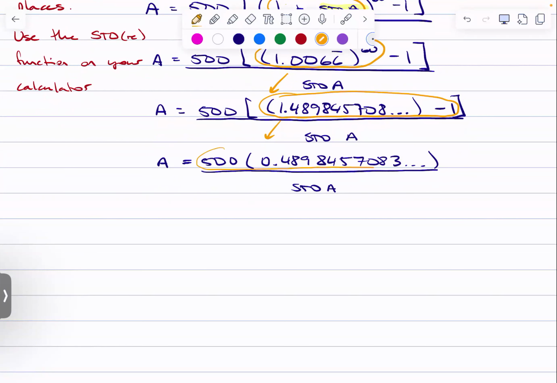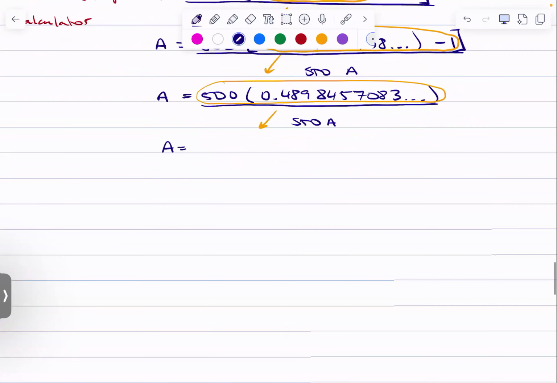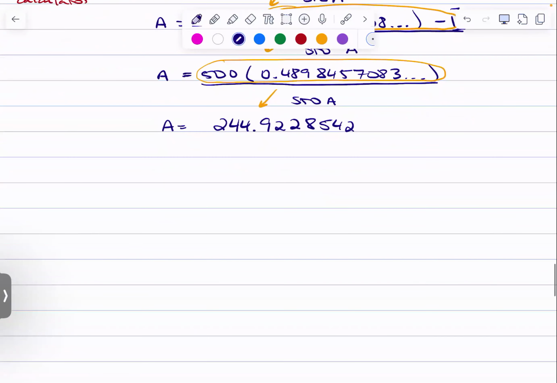Now, times that by 500. Whoops. Times 500. Get 244.9228542 divided by whatever is stored in A.